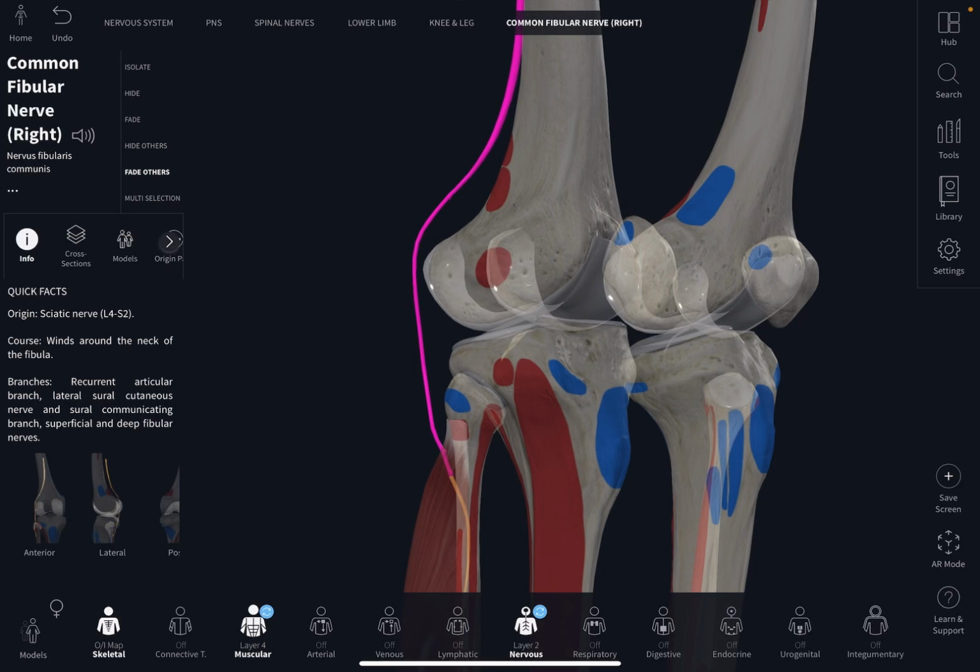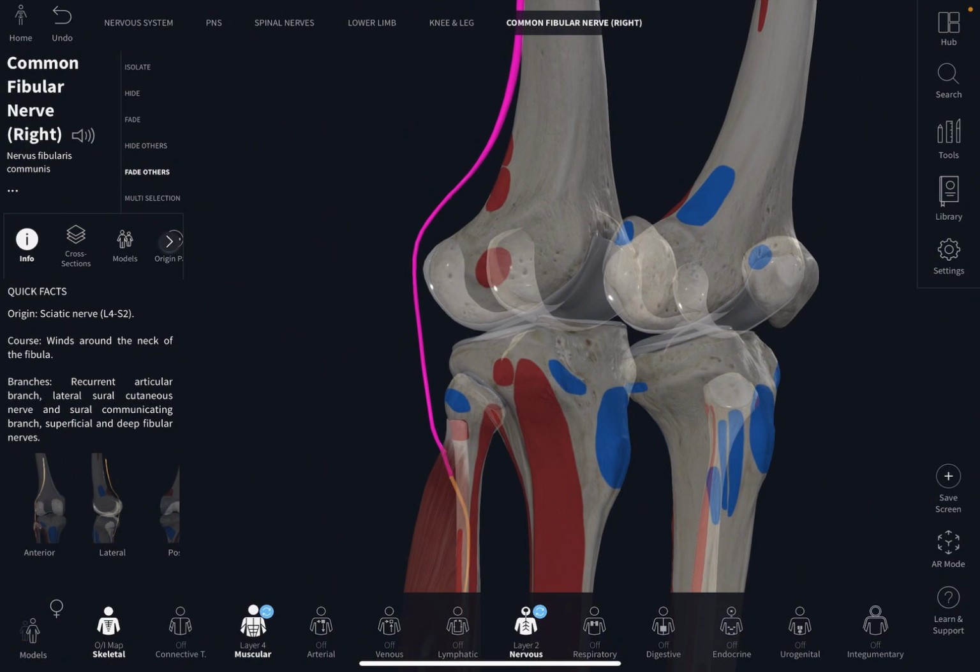And this is going to be the most commonly injured limb nerve. It's vulnerable to direct trauma, fractures, knee dislocation. And the moment that this is injured, we're going to have paralysis of the lateral and anterior compartments.